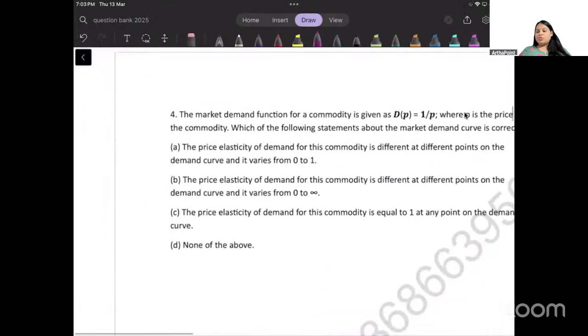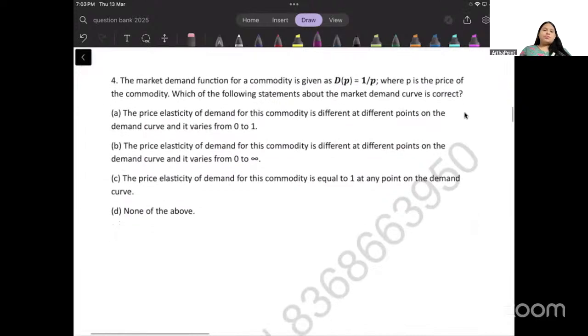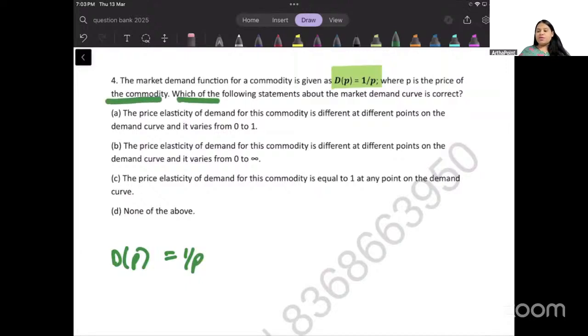Question number 4. Try to answer this question. The market demand function of a commodity is given by dP equal to 1 by P, where P is price of commodity. Which of the following statement about market demand curve is correct?